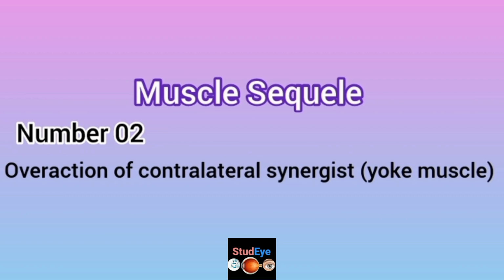The yoke muscle was working normally, but due to the high innervation to the paralyzed muscle, it also gets the high innervation. And when the normal one gets the increased innervation, it will overact. So that is why when a muscle gets paralyzed, its second complication will be the overaction of the contralateral synergist, or the yoke muscle of the paralyzed muscle.